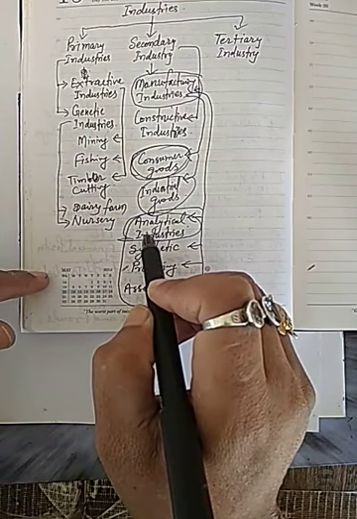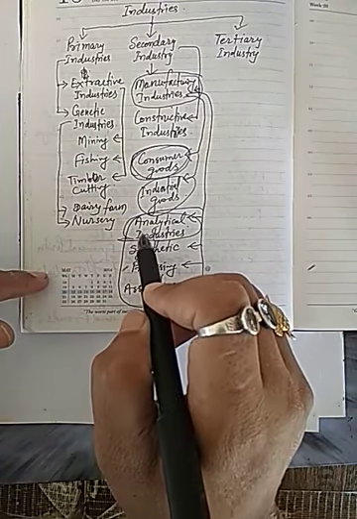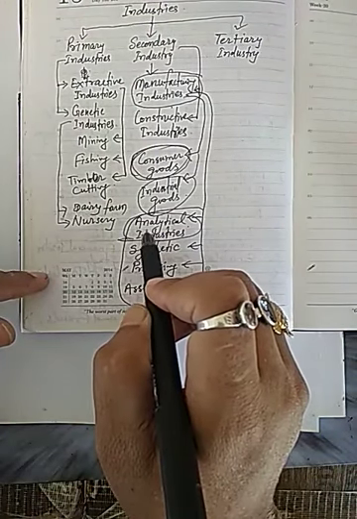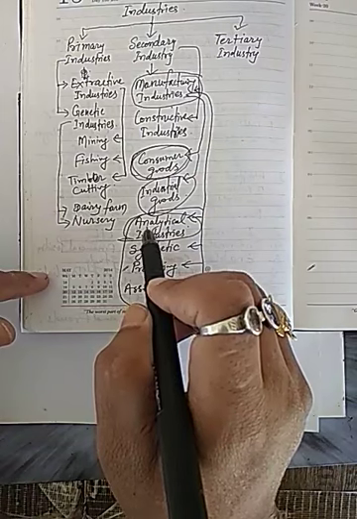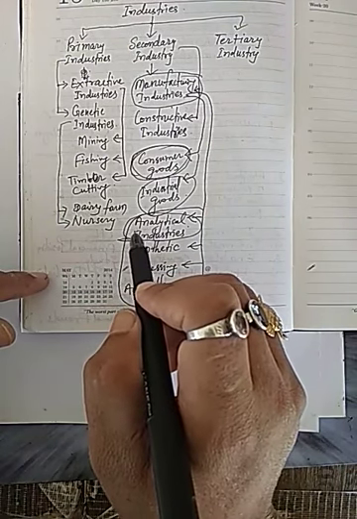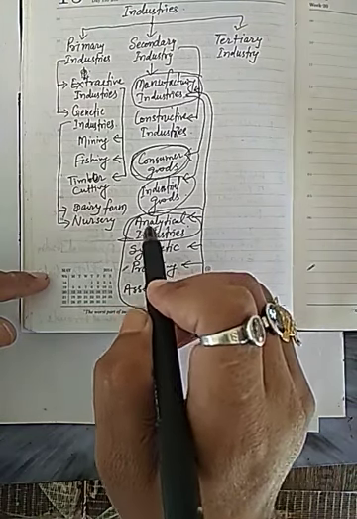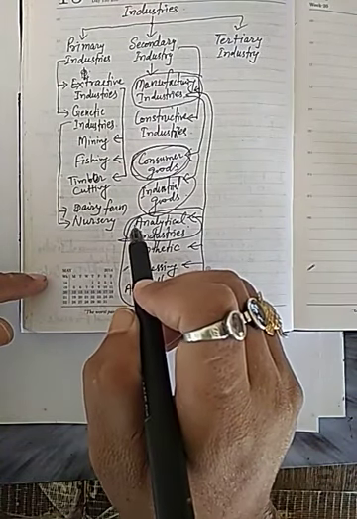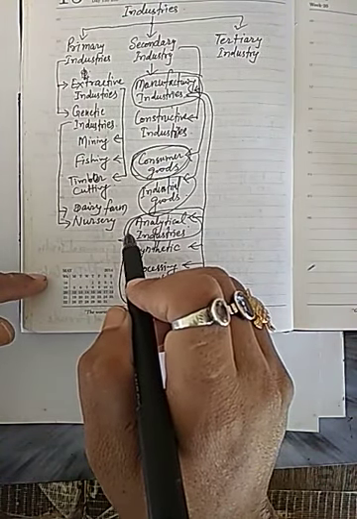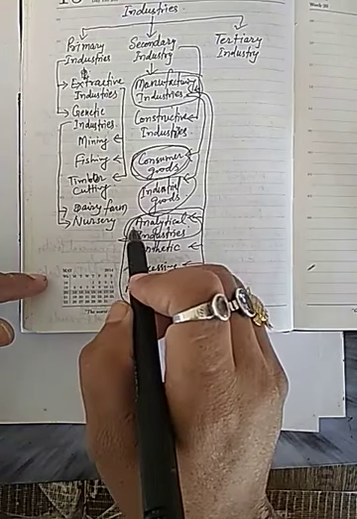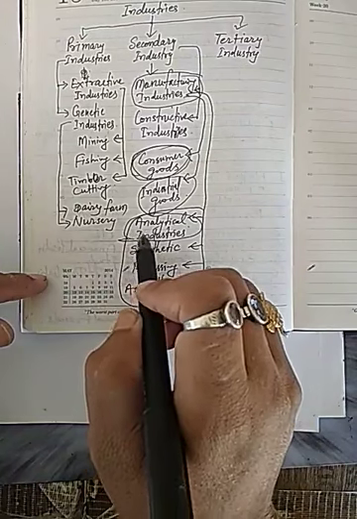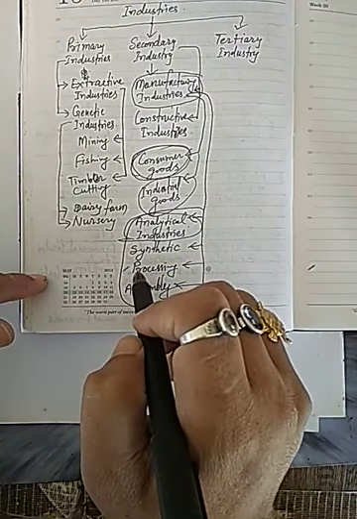Crude oil is processed, we can say, crude oil is converted into petroleum, diesel, kerosene oil, etc. So this is analytical industries. Now synthetic industry.